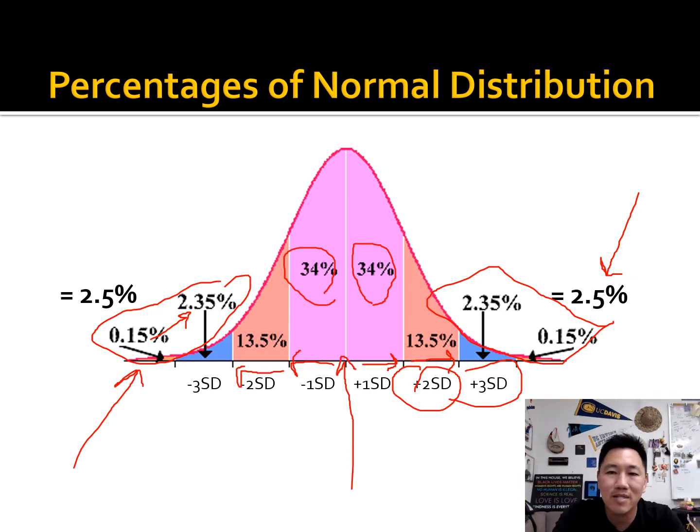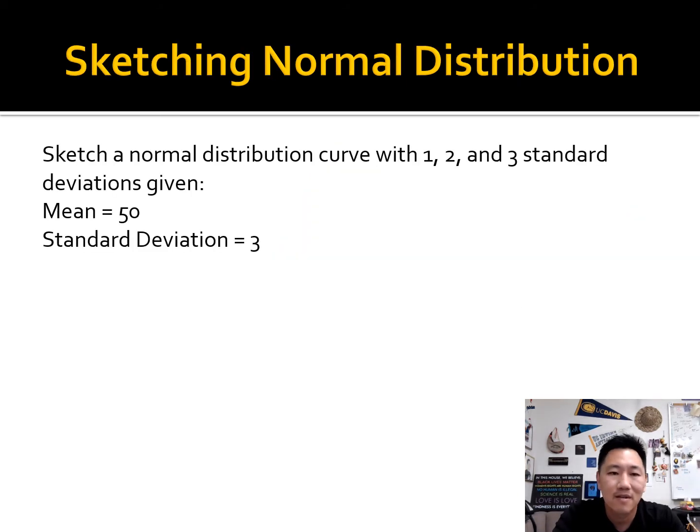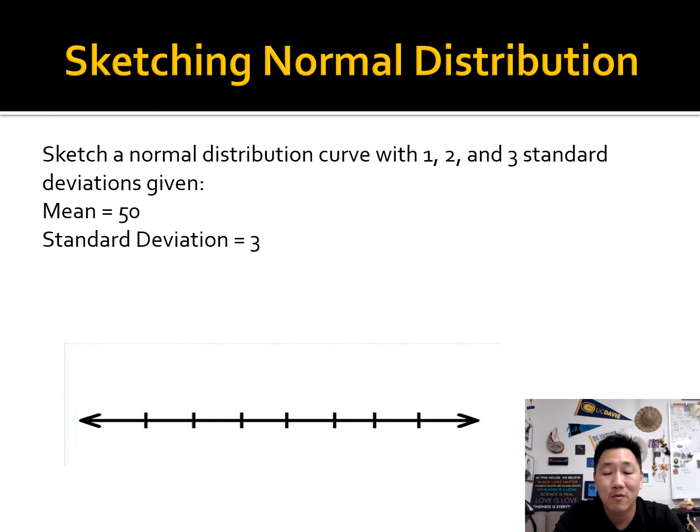All right, let's do an example. Sketch a normal distribution curve with 1, 2, and 3 standard deviations given that the mean is 50 and the standard deviation is 3. All right, so we have a number line. First thing we do, we're going to go ahead and graph the mean, the average, 50, right in the middle.